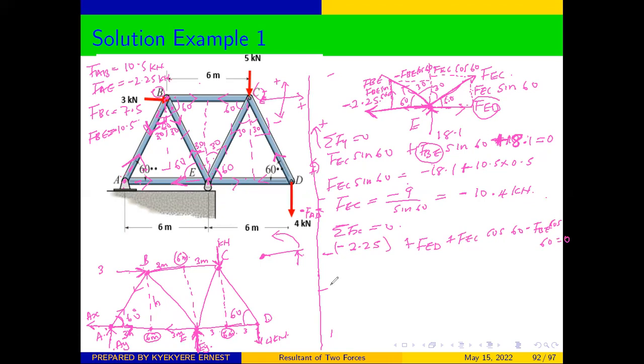And from there we are going to get an answer of positive 2.25 plus FED. We had already calculated FEC from here. So we have FED.